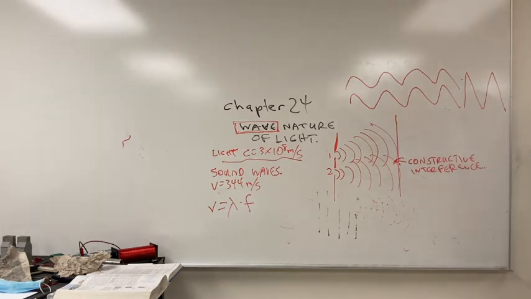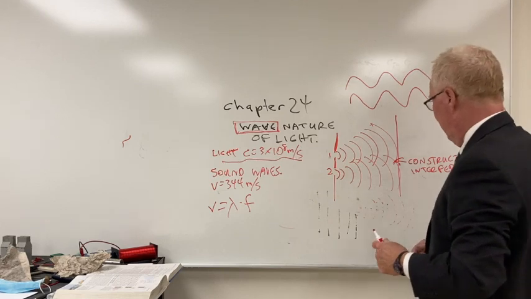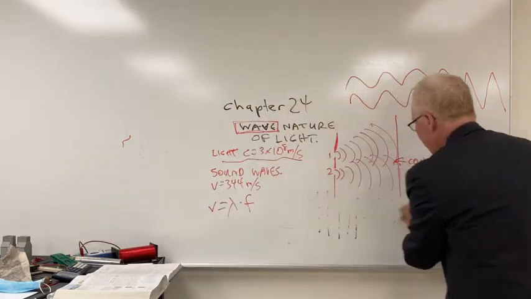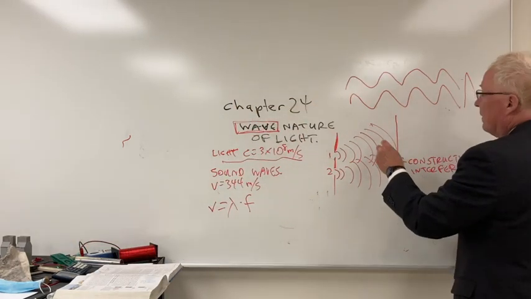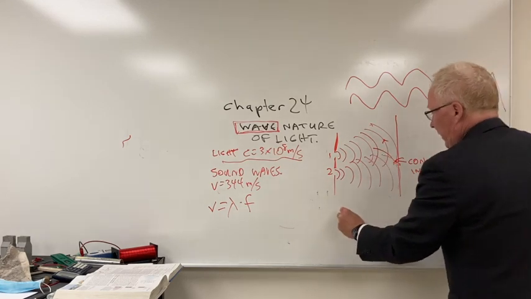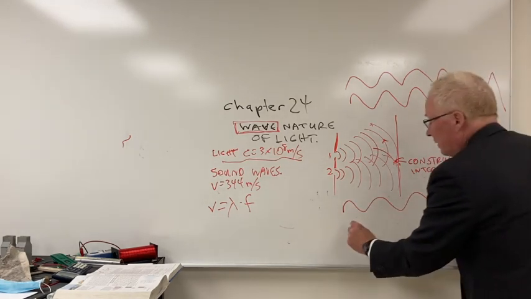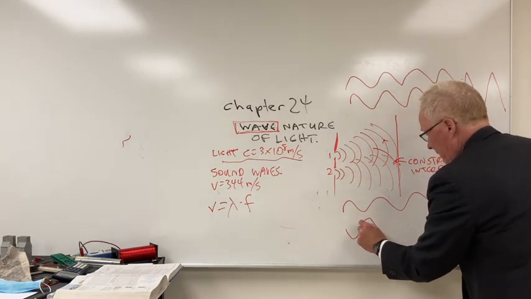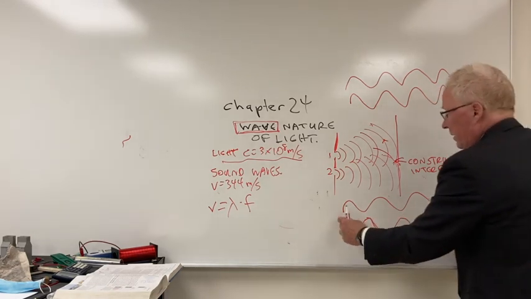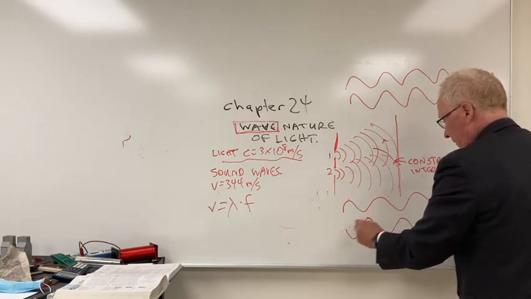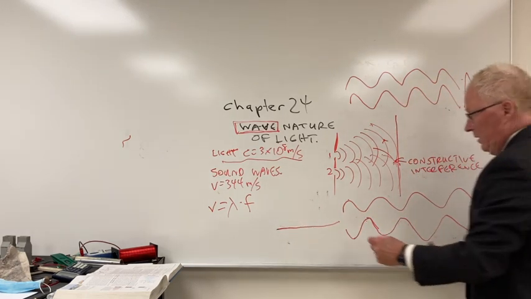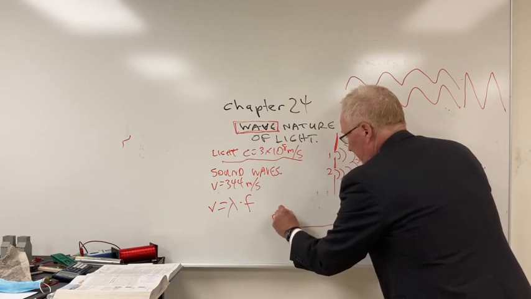Now, on the other hand, if it's shifted by a little bit, and we can look at this down below, if you have a peak combining with a trough, then the peak and the trough cancel out, and the result is a straight line, and you have nothing. And this is what we call destructive interference.